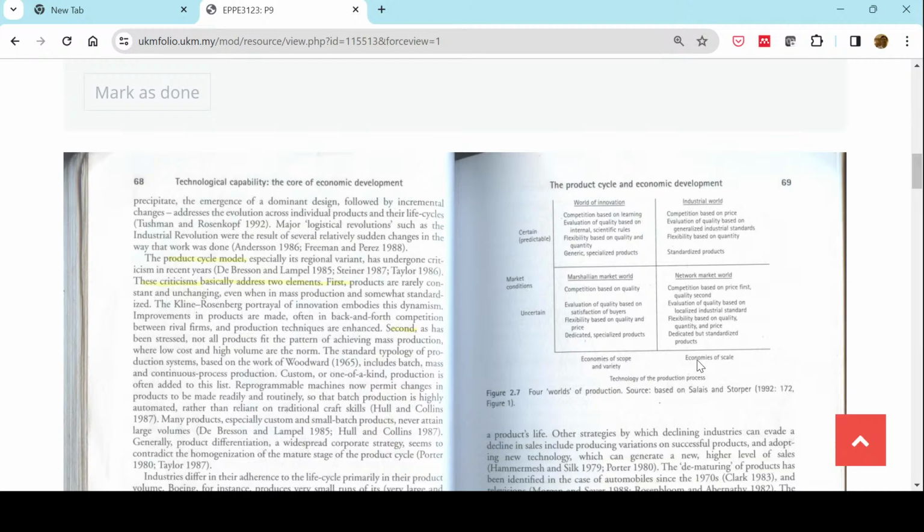Whereas the market condition for economies of scale, let's look at the ones having to do with predictable and certain. This is industrial world, competition based on price, evaluation of quality based on generalized industrial standards, flexibility based on quantity, and standardized product.